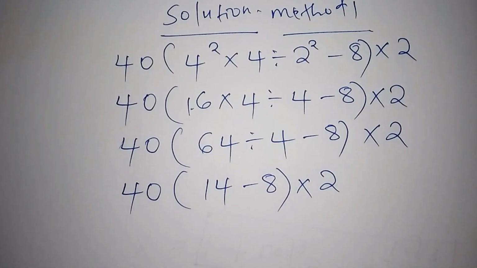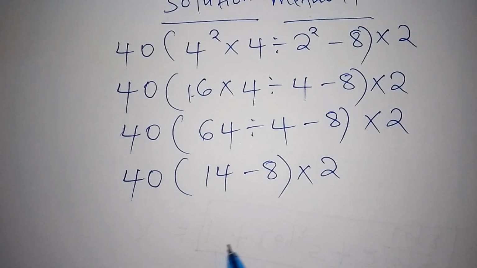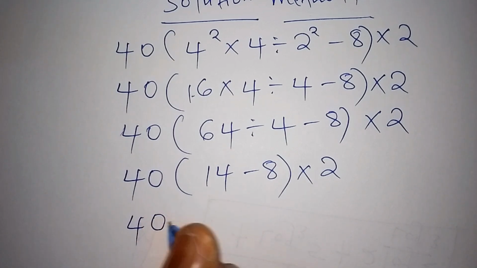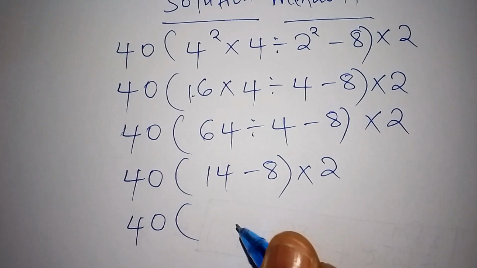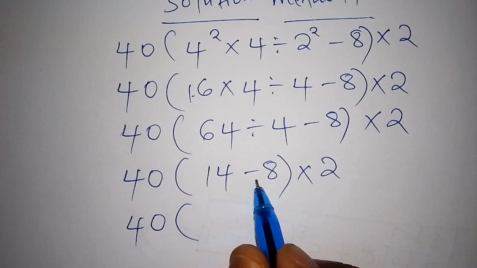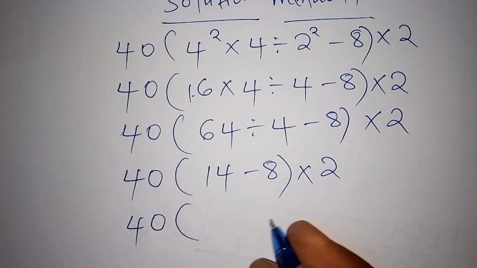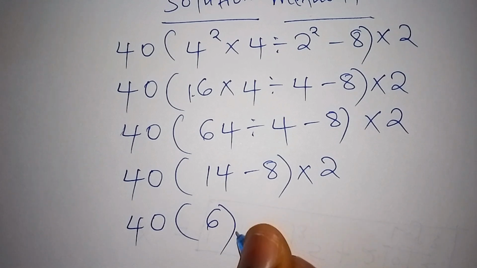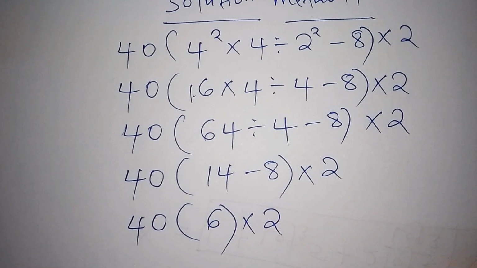Our next step: we are still working out the bracket. 40 into the bracket, 16 minus 8. Now there we shall have 8, then close the bracket, multiply by 2.